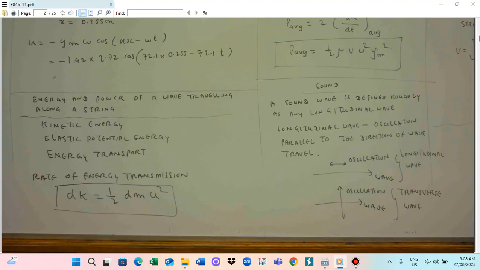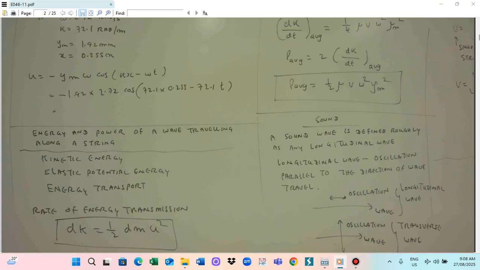This energy makes the string go back to its original position. Then there is the energy transport. So the kinds of energy in the string are kinetic energy, elastic potential energy, and energy transport.